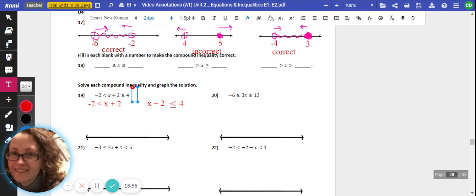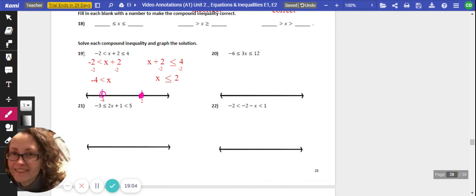So I'm going to go ahead and solve each inequality first by subtracting 2 from both sides of this inequality and then subtracting 2 from both sides of this inequality. So then once those are solved, I get -4 as my critical value over here and a +2 as my critical value over here. Because I have the equal sign, this is going to be a filled in circle, no equal sign, an open circle.